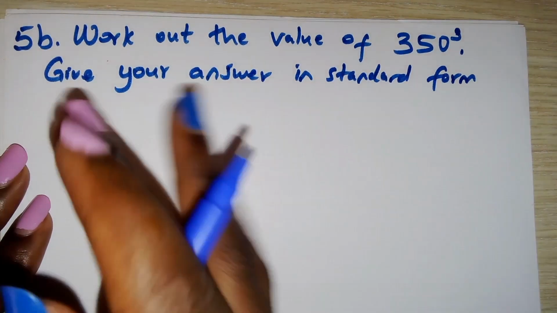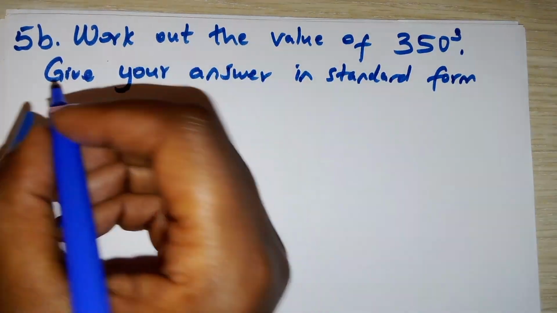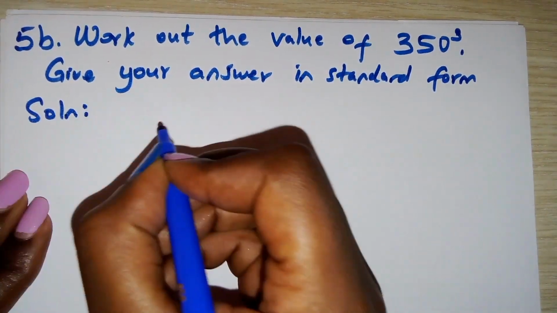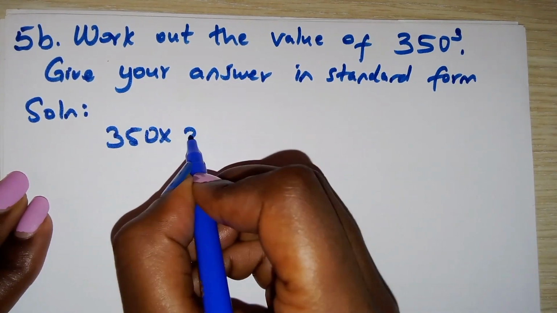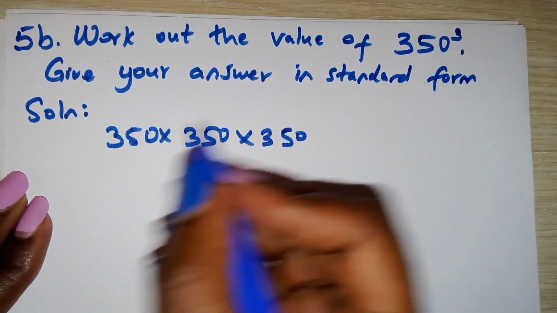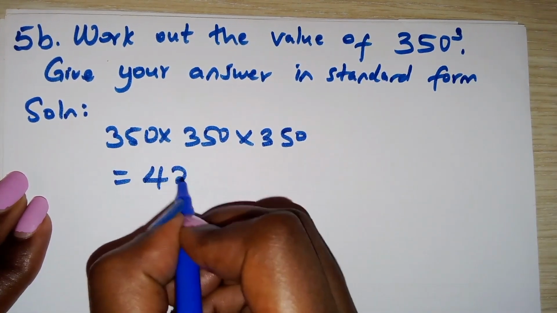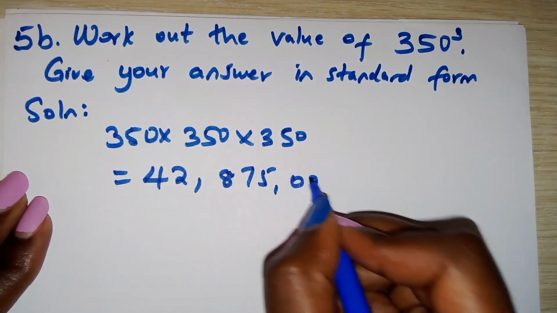Okay, on to 5b. Work out the value of 350 cubed. Give your answer in standard form. Solution: 350 cubed means 350 times another 350 times another 350. And that would give us 42,875,000.